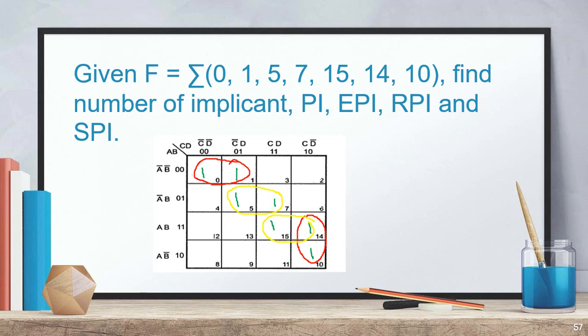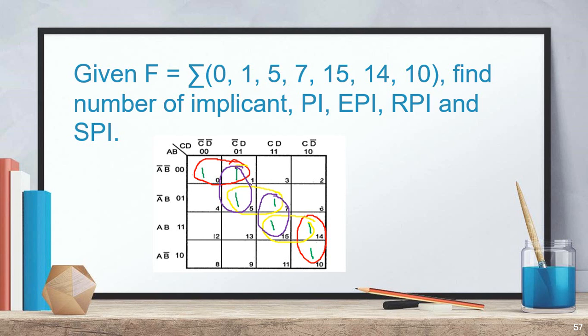And one more possibility: instead of 5 7, I can use 1 5 also, and 7 15 also is possible. So these four we are calling selective prime implicants.